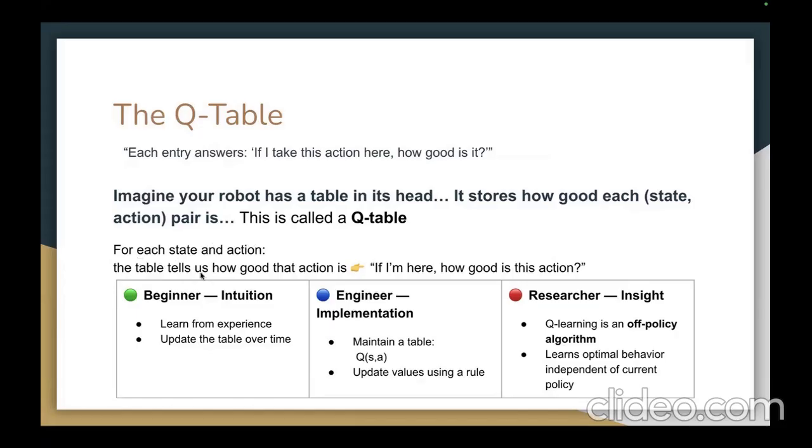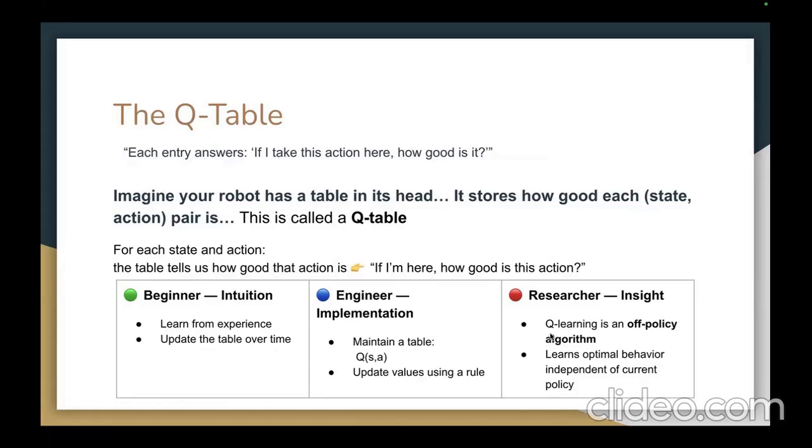And this table basically tells us how good an action is. If I'm here, how good is this action? For beginners, it's basically learning from experience, because when you train your robot, you let it explore your environment. And the goal is to update the table over time. For implementation purposes, we just maintain a 2D NumPy array, and then we update using some mathematical rule.